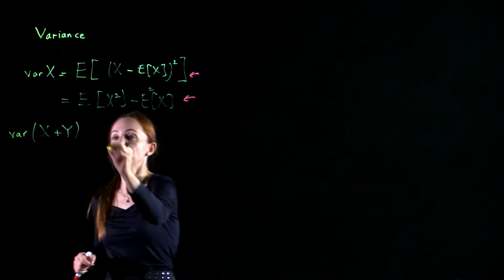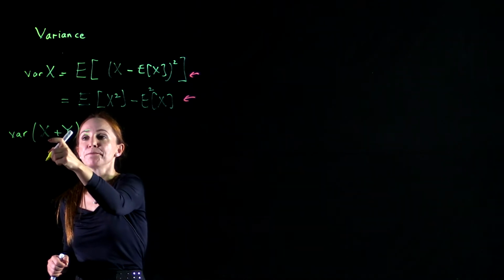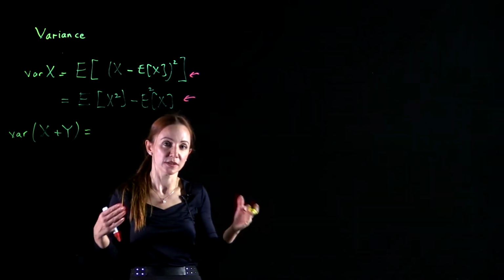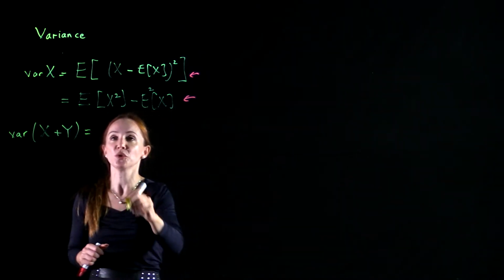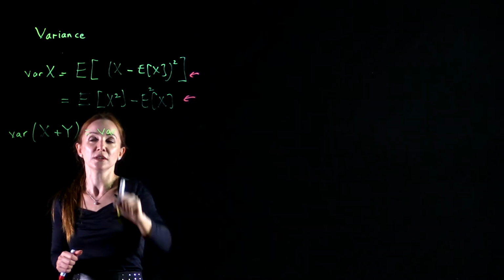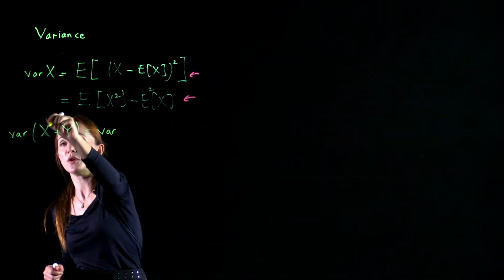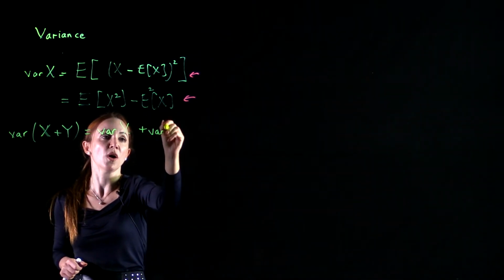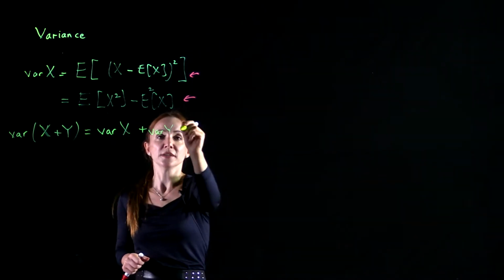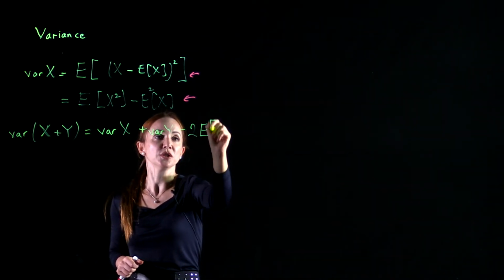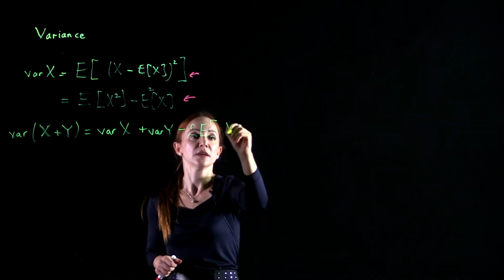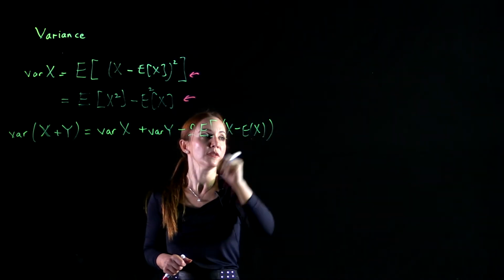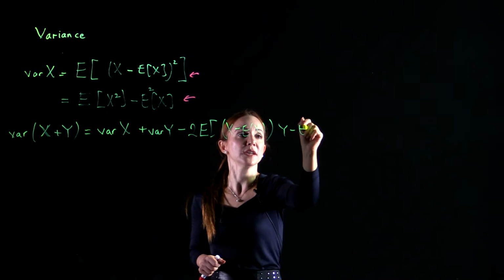Now, by plugging in X plus Y into this expression and rearranging the terms, you can easily show for yourself that the variance of the sum X plus Y is nothing but the variance of X plus the variance of Y minus twice the expectation of (X minus the expectation of X) times (Y minus the expectation of Y).